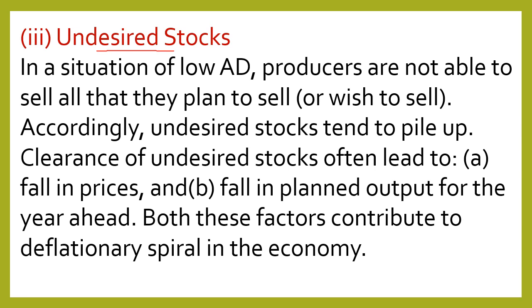Reduction in prices means their income would be less, then consumption expenditure and investment expenditure would be less, and deficient demand will be there. So basically, in a situation of low AD, producers are not able to sell all that they plan to sell. Accordingly, undesired stocks tend to pile up. For clearance of undesired stocks, they will plan a fall in prices and a fall in planned output. Both these factors contribute to the deflationary spiral in the economy.